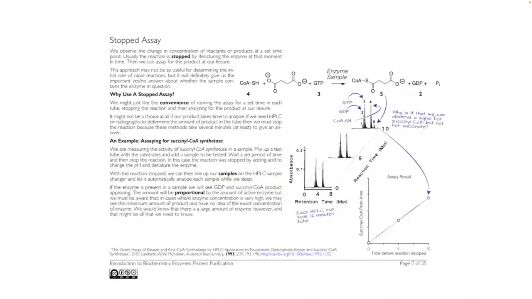So here's a stop assay. You stop it, and maybe you analyze it with a slow technique like HPLC, high performance liquid chromatography. Look, 8 minutes to do each run. So if you want to take it at 1 minute time points, you're going to have to stop it at each minute and then analyze each of those samples leisurely over the rest of the day.